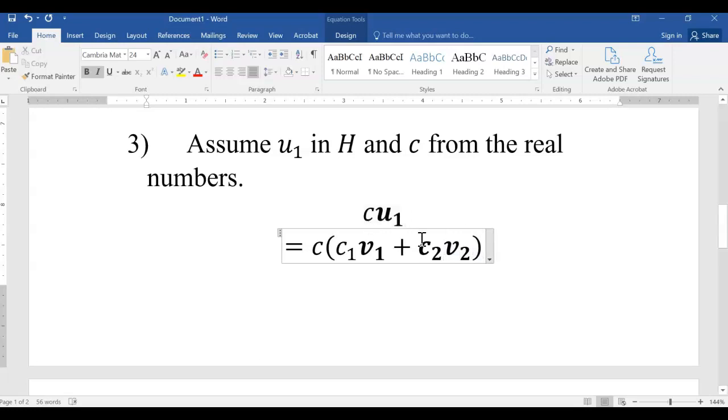So, in other words, if u1 is a linear combination, and I multiply that linear combination times another scalar, we'll call it c without any subscript, notice what we're going to end up with. We're going to end up with something that looks very similar.